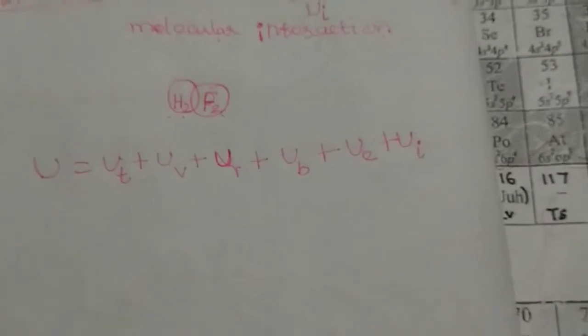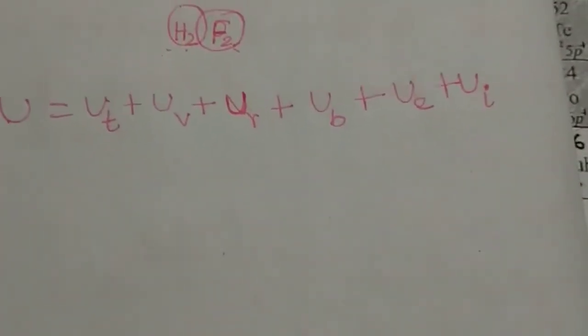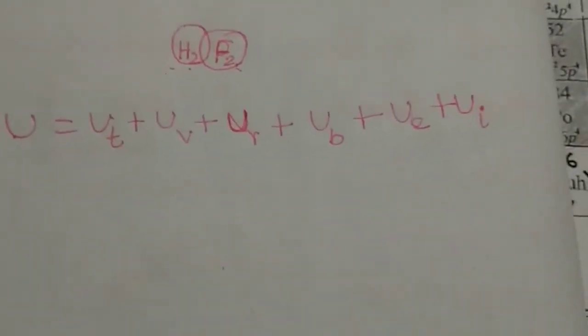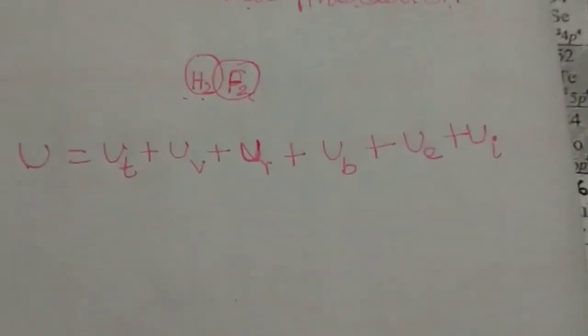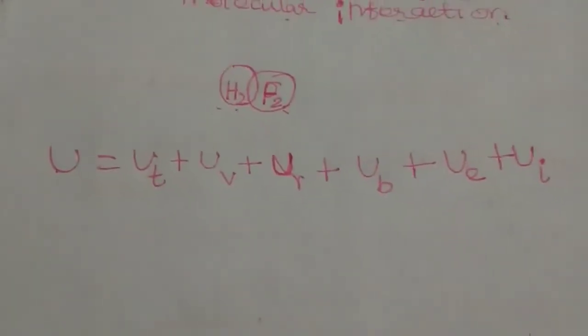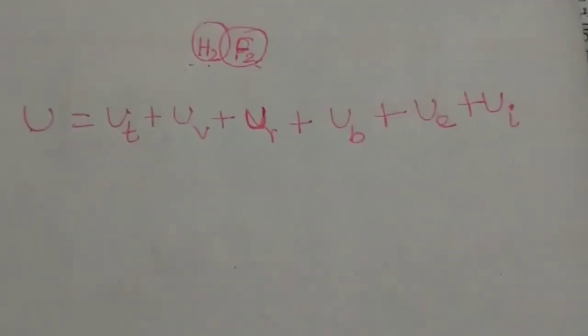Or simply we can say the total energy of all the molecules present in a system is called the internal energy of the system. In thermodynamics, the energy of the system is considered only with internal energy, not with the absolute energy values.